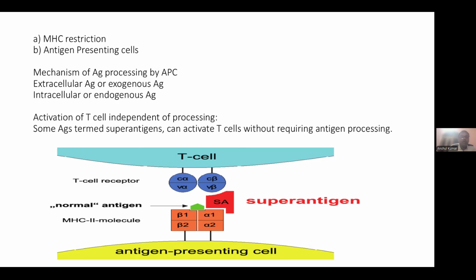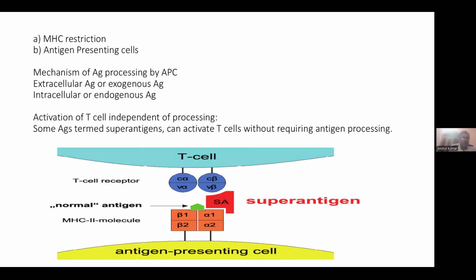Now coming to the super antigens. Some antigens, termed super antigens, can activate T cells without requiring antigen processing. The super antigens bind simultaneously to the external surface of MHC class II molecules on antigen presenting cells and to the external site of the T cell receptor.